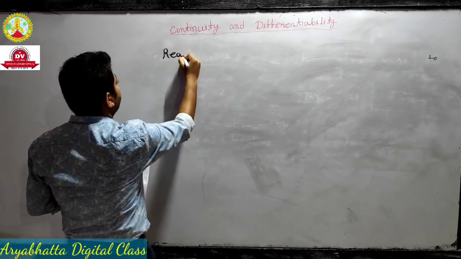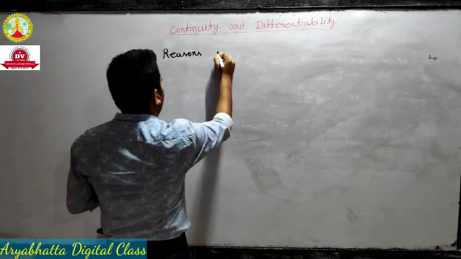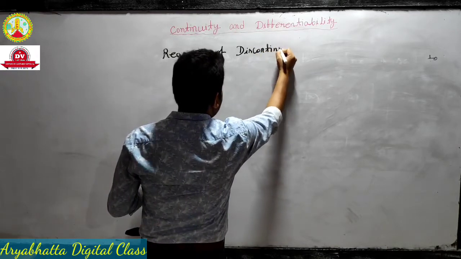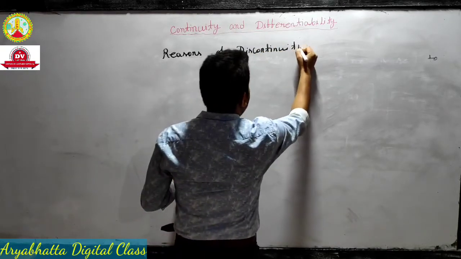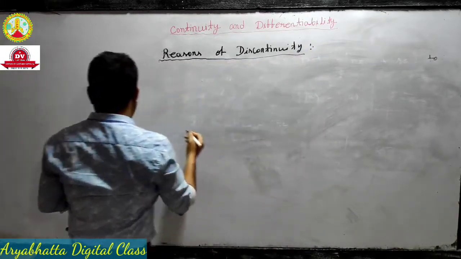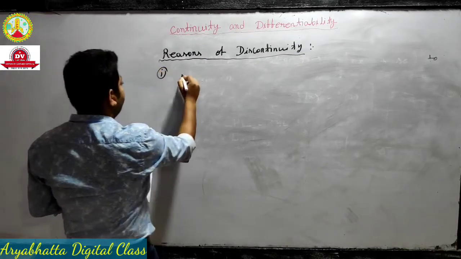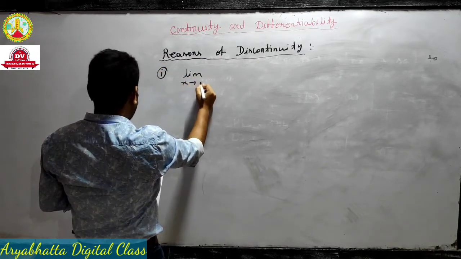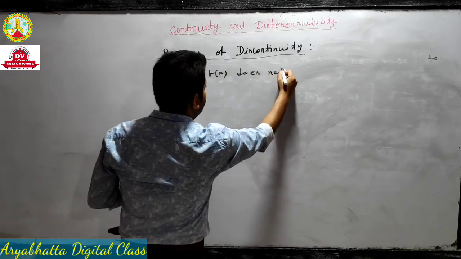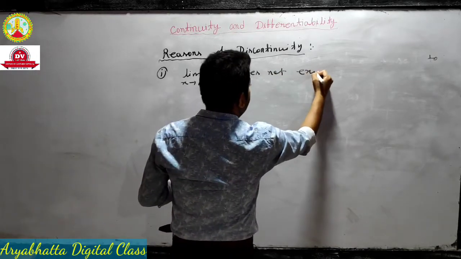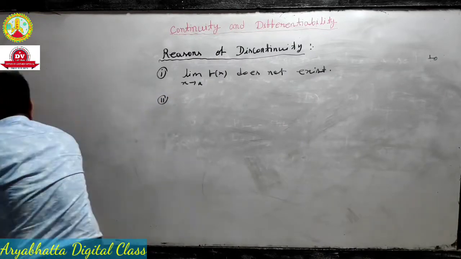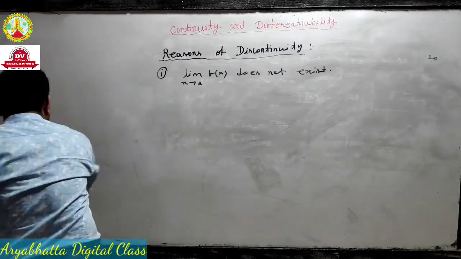Reasons of discontinuity. Number one, limit x tends to a of f of x does not exist.